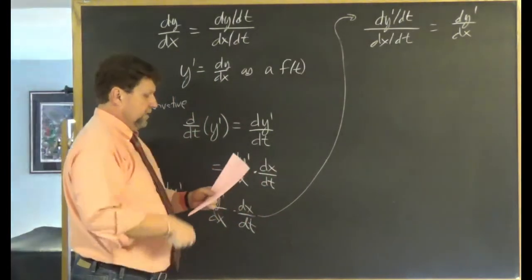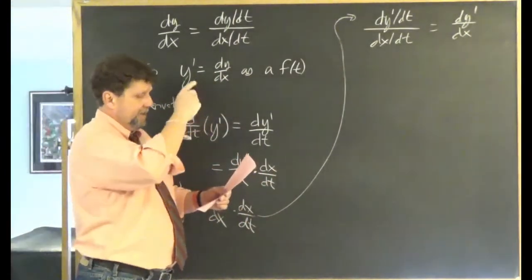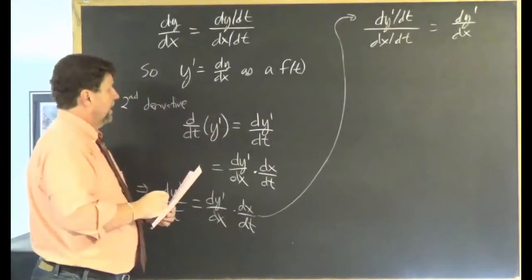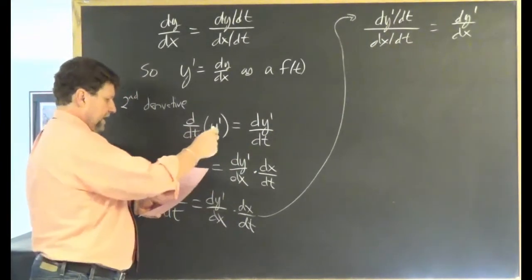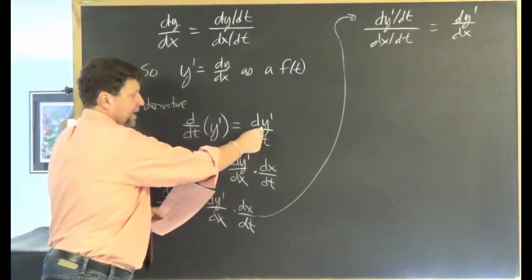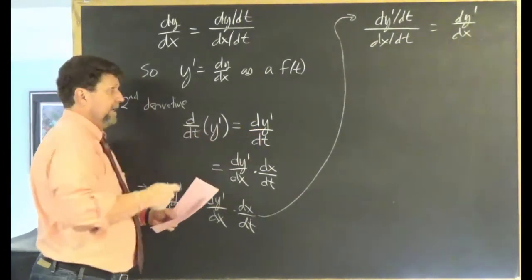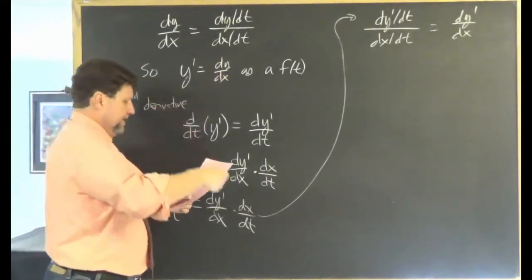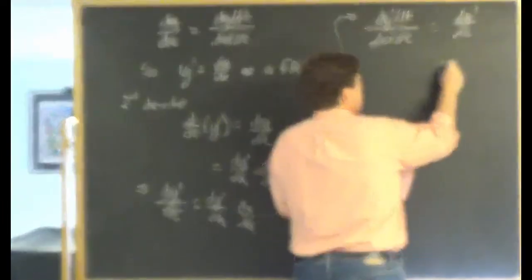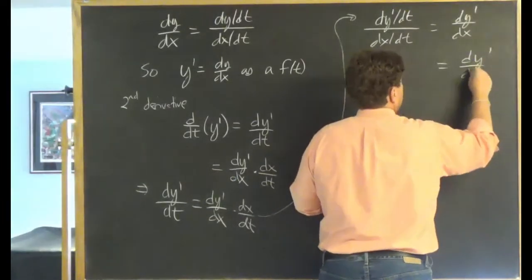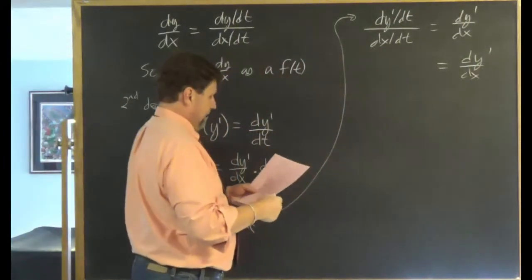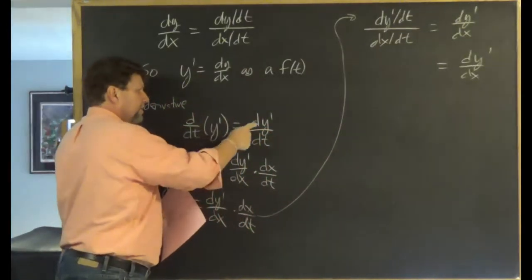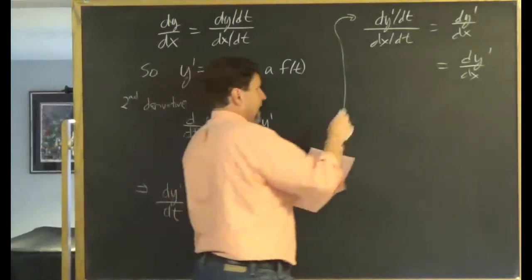Since we have dy prime dx is dy prime dt over dx dt, look back: that dy prime dt is really just d dt of y prime. So I'm just going to substitute that in.